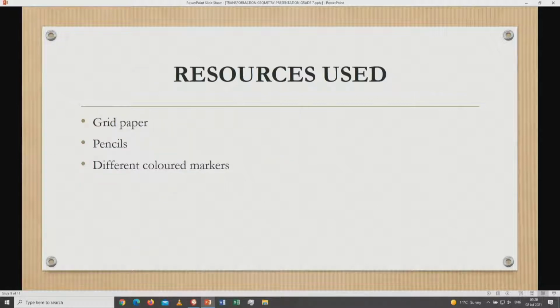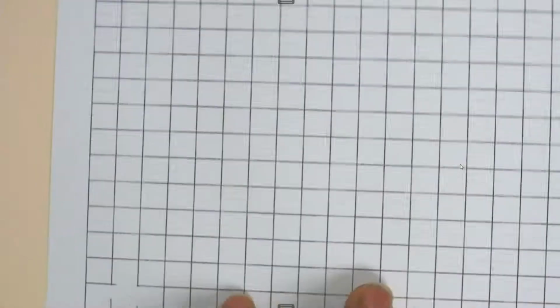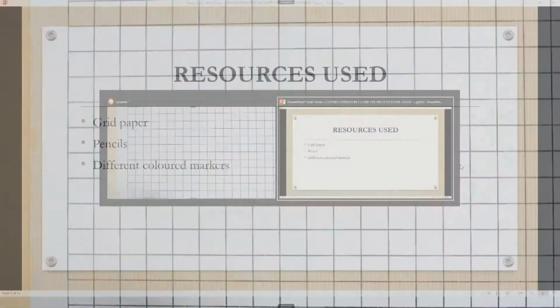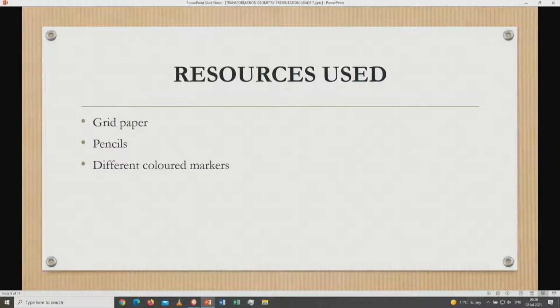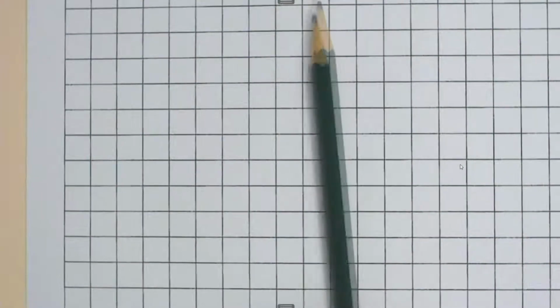Right. The resources that we're going to be using here, guys, will be our grid paper. Here is a grid paper. Then we'll be using pencils.